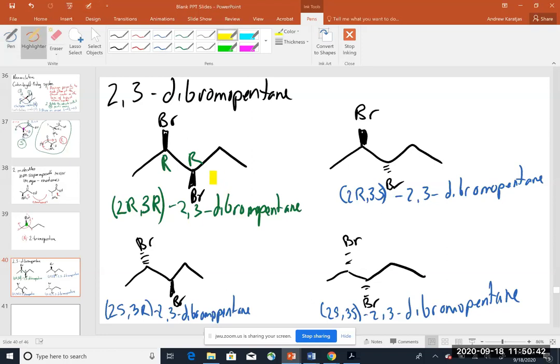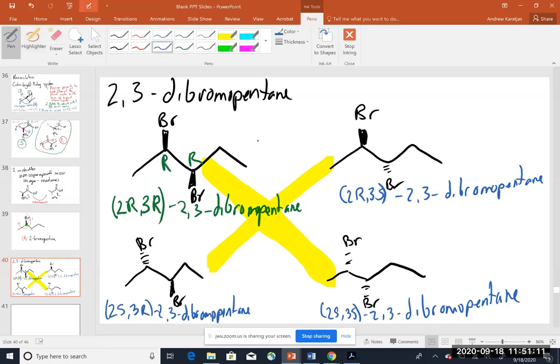So when we go from 2R,3R to 2S,3S, we've changed all of our chiral centers. So those would be considered enantiomers. Same thing this way, 2S,3R and 2R,3S. We've reversed all of our stereocenters, so those are also enantiomers.